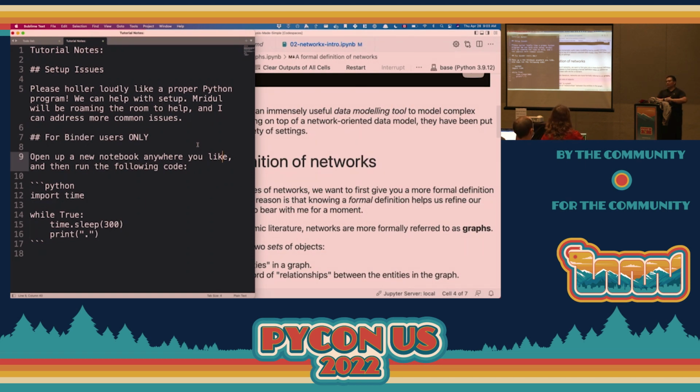In order of priority, usually we would say go on binder because we don't want you to fiddle with local setup, right? That said, recently binder has been facing some financial constraints, and so we want to reserve binder's capacity, which is now limited, for those who really would struggle with getting set up on their local machine. So for today's tutorial, the order of priority is if you can get set up with VS Code Dockerized dev containers or with a conda environment locally, then that's preferable.